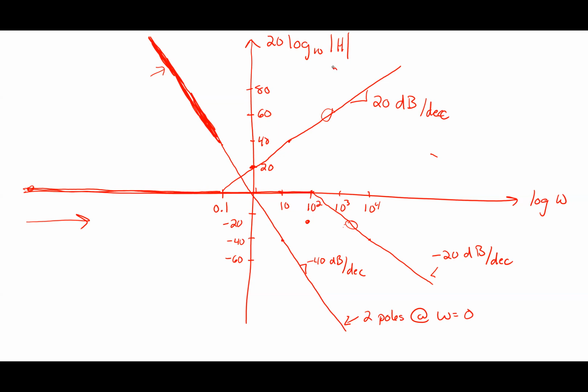So I'm going to draw, oh boy. All right. Total's looking like that. Now at that point, I hit another pole. So here I'm at negative 40 dB per decade.